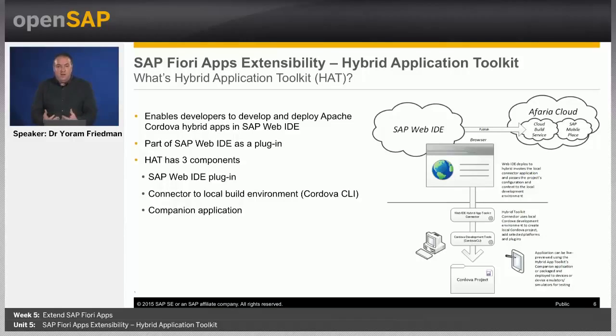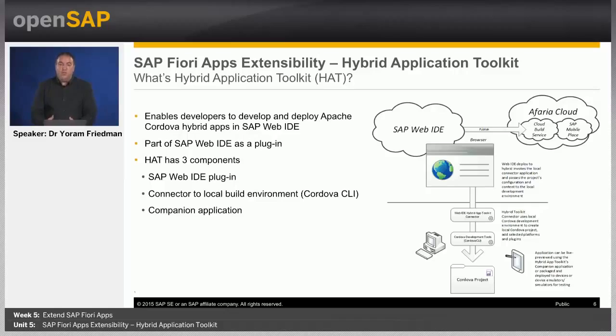I will try to explain briefly what this toolkit provides in addition to what you have today in the Web IDE. First of all, this toolkit provides connectivity between the Web IDE and my Cordova development environment. The Cordova development environment and the APIs are not available on the cloud today, so I need to install them on my own personal computer.